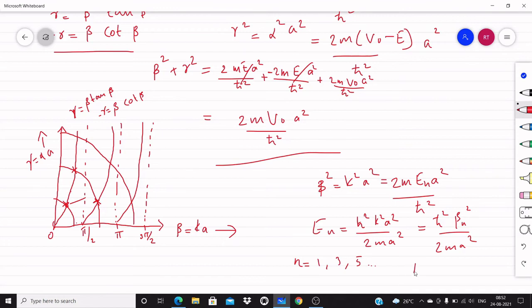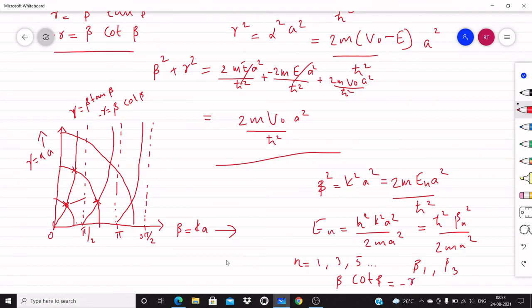You will get correspondingly for beta 1, beta 3, etc. That is, when the odd values of beta, you have energy values E1, E3, E5, etc. And these odd values are obtained from beta cot beta is equal to minus gamma.